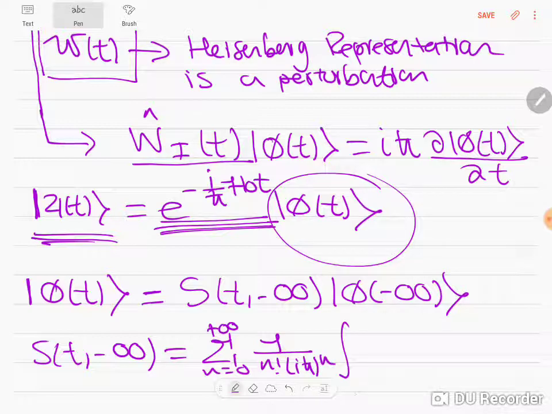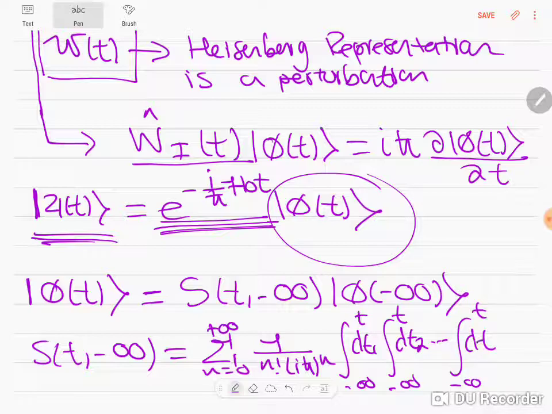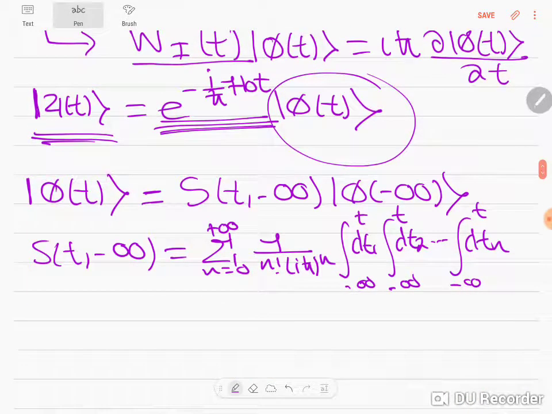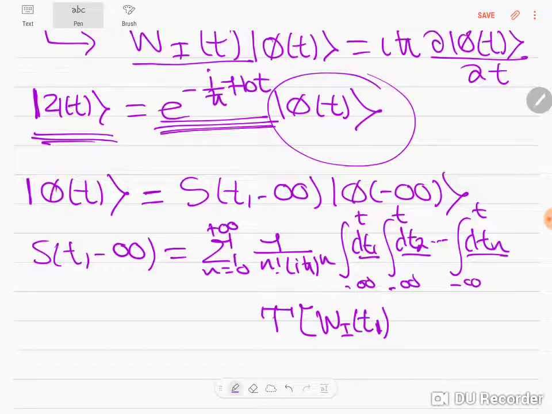Now, successive integrals from minus infinity to t dt1, minus infinity to t dt2, up to minus infinity to t dtn, of the time-ordered product of the perturbations at each of the times given by the integrations: W sub I of t1, W sub I of t2, up to W sub I of tn.